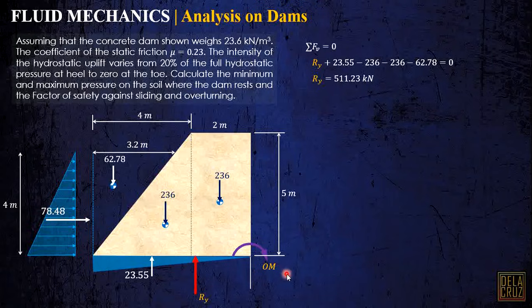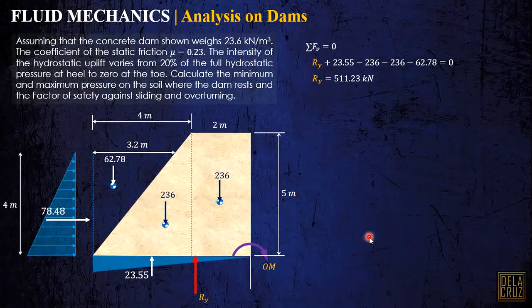Overturning moments are the moments that will cause this dam to overturn. From the word itself, overturn. So, it is only due to these hydrostatic forces. These forces, the vertical downward forces, will create stability or righting moment. So that is different. Let us do the overturning moment first.